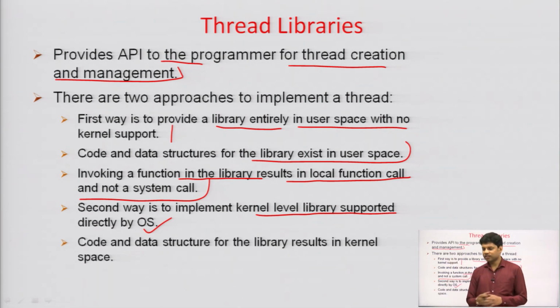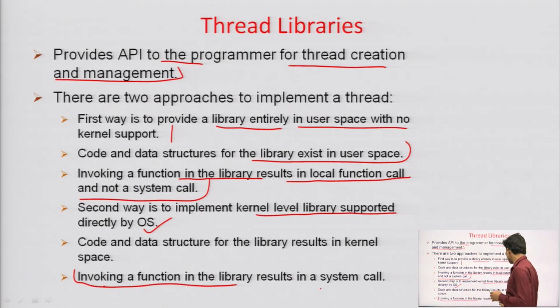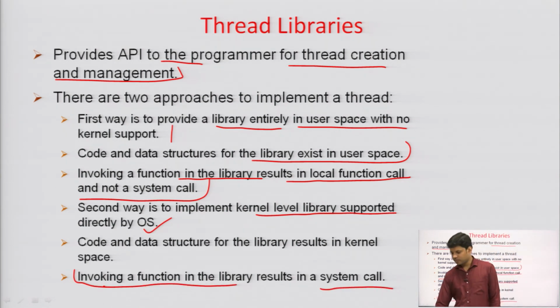Code and data structures for the library exist in kernel space, and invoking a function in the library results in a system call. So I hope you have understood the difference between the two. In the first, invoking a function is a local function call, not a system call. But in the second way, invoking a function leads to a system call, not a local function call.